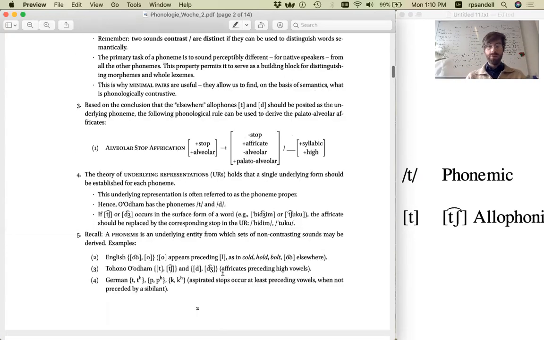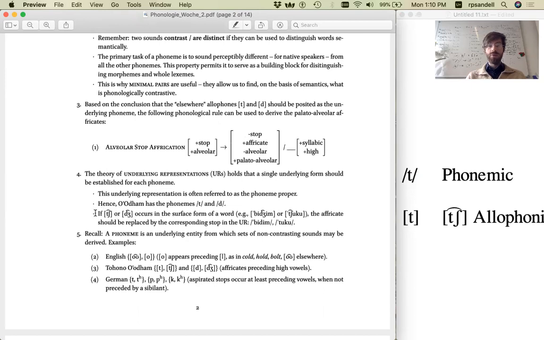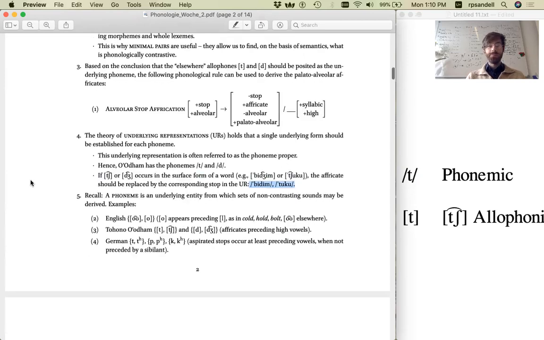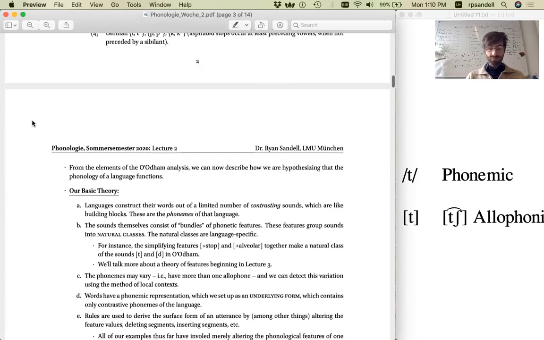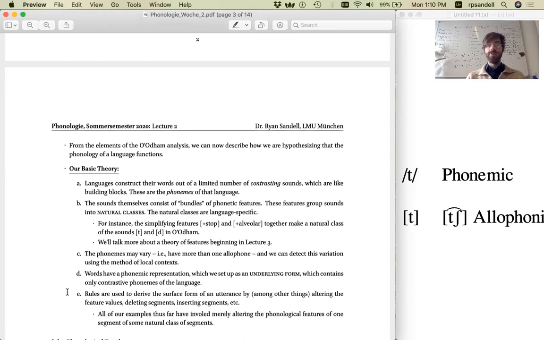So this was the point above where we said for Ordam, wherever we find cha or ja on the surface, for the underlying representation of those words, we ought to replace it with the corresponding stop, ta or da.